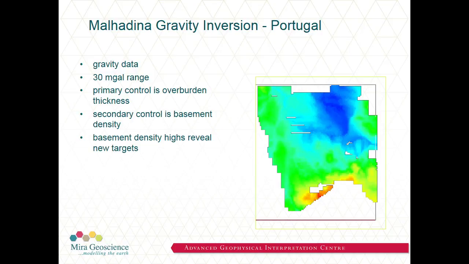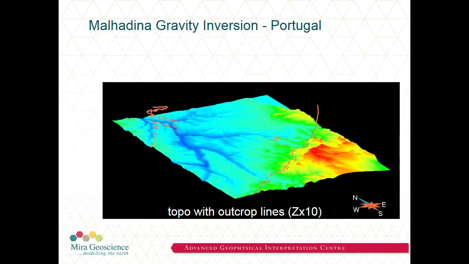The idea here was to try to reveal something of the gravity data underneath that variable cover in order to generate targets beneath the tertiary fill. This is the topography, and essentially to the west of this line here and to the east of this line here, we have outcrops, so very good control on the bedrock surface here and here.